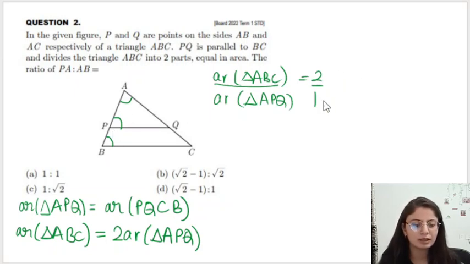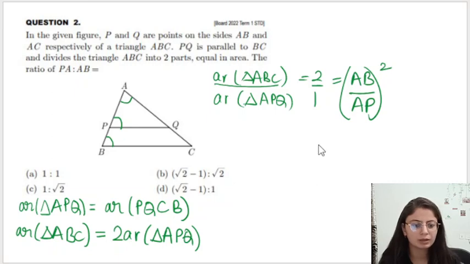So we can use this ratio and now अब हमें क्या निकालना है? You have to find the ratio of PA to AB, right? So in triangle ABC we can pick this side AB and in triangle APQ we will pick AP, and इसका हम स्क्वायर कर देंगे.